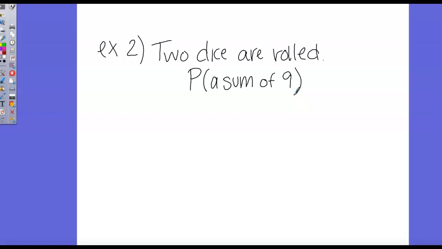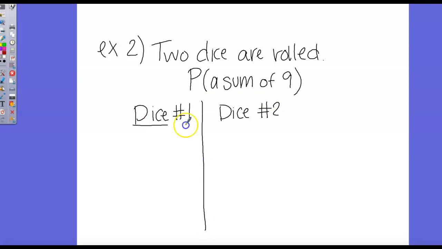So I kind of made a little table. I said dice number 1, dice number 2. What options could I roll on a dice to get a sum of 9?